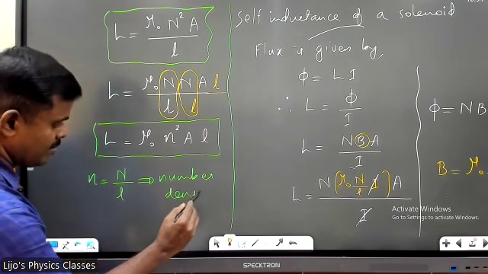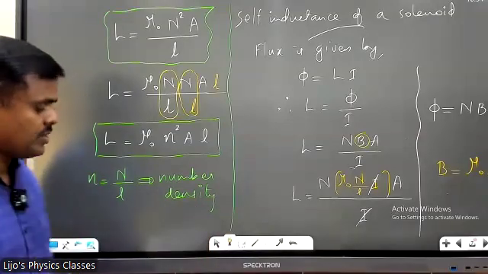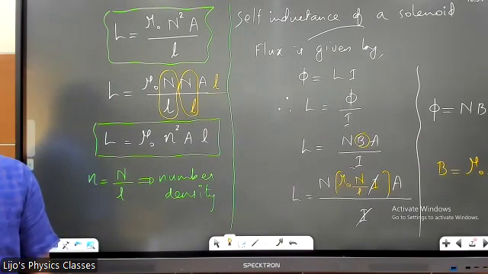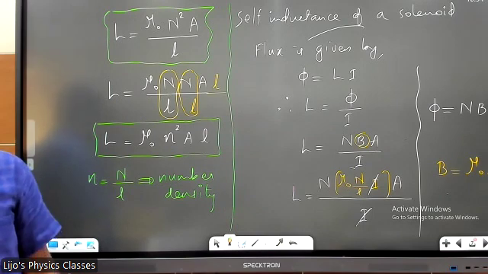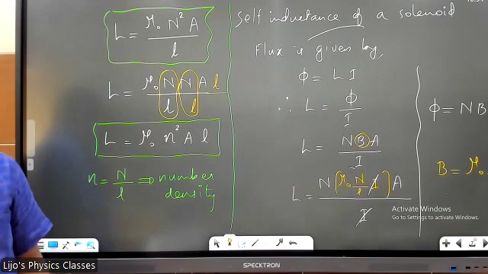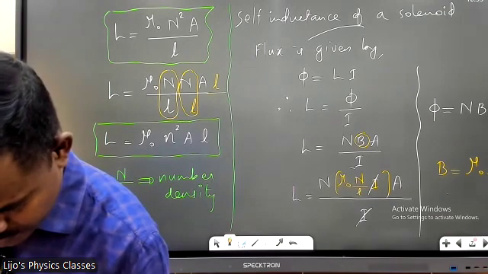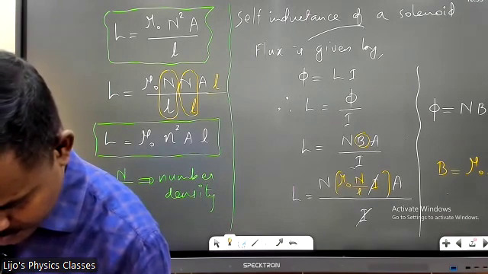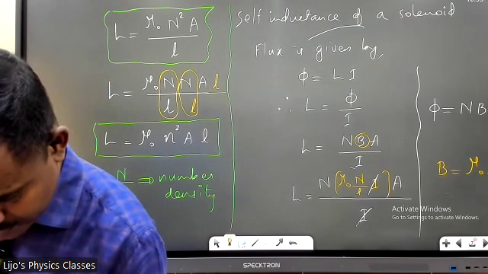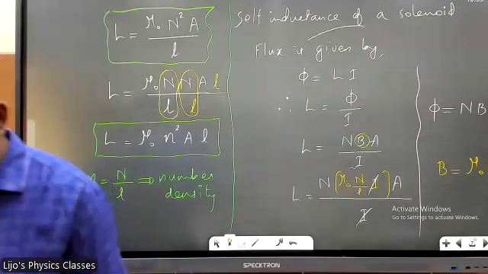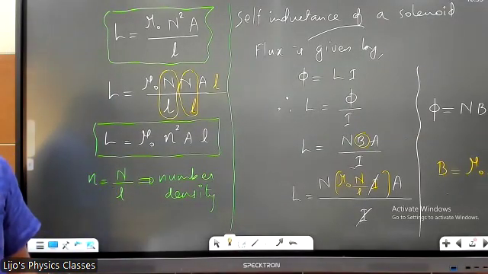N by L is called number density, number of turns per unit length. Okay, now similar way. Hope it's clear, everyone.